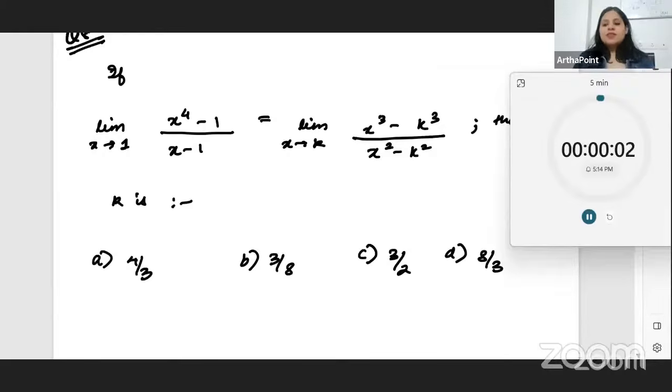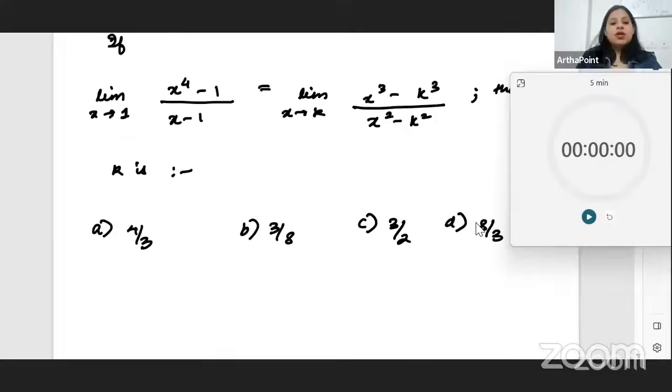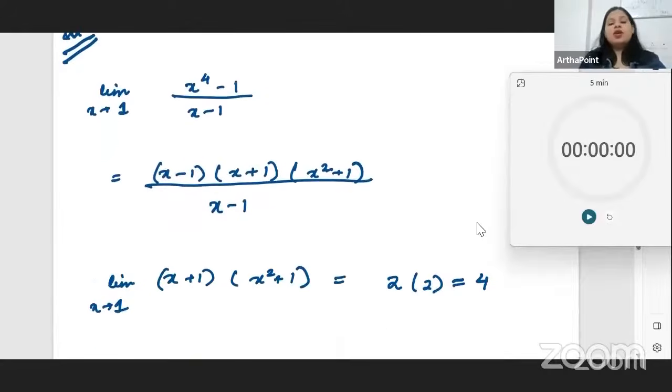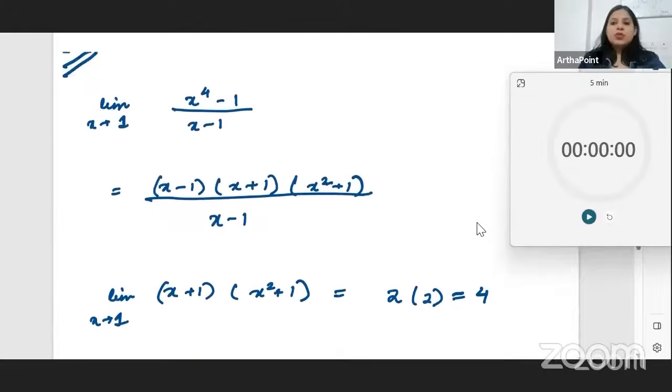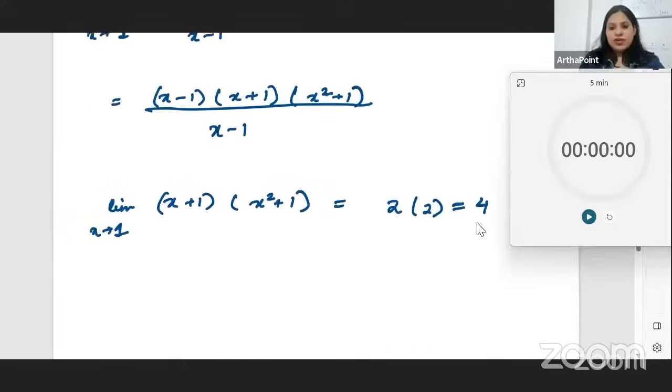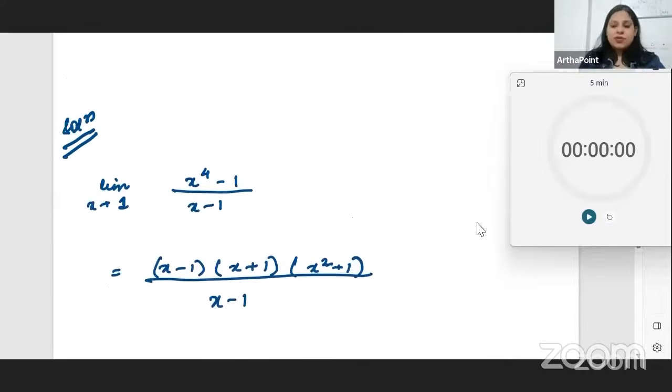Okay, time's up. Let's have a look at the solution to this problem. It says that the two limits are equal. To begin with, I will start with the left-hand side, x to the power 4 minus 1 upon x minus 1. Just think about this.